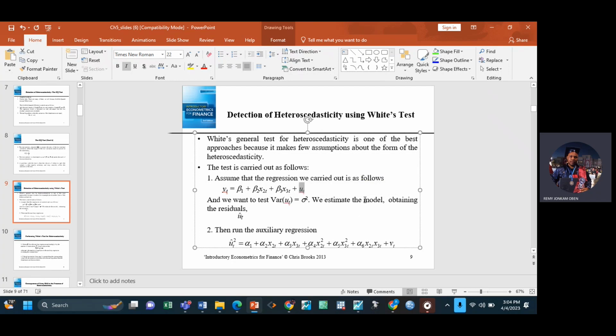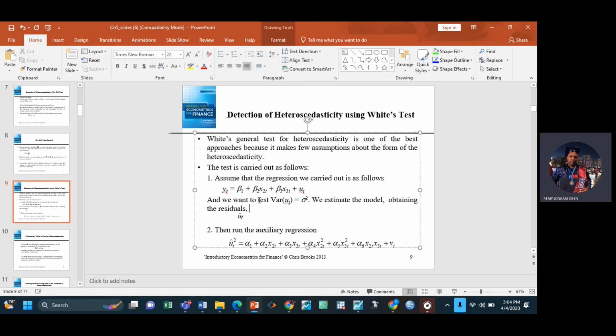We estimate the model, obtaining the residuals. So you estimate this model, and you will get the residuals. By the way, when you see a small cap above, it means sample, because you know we have sample and population.